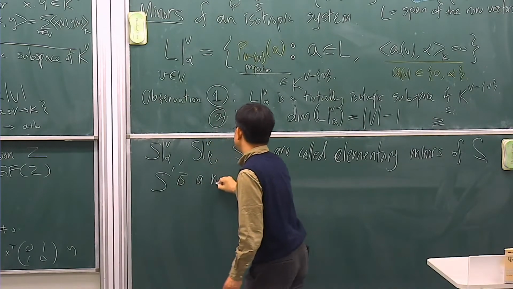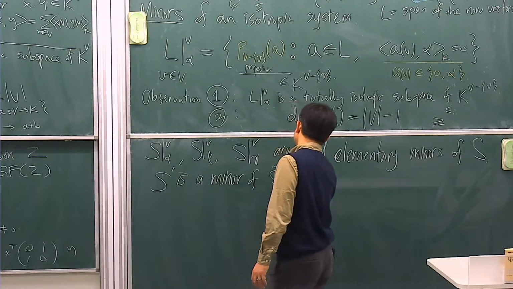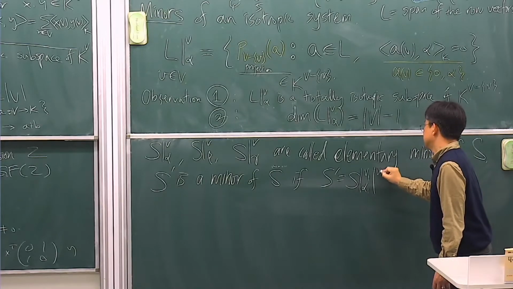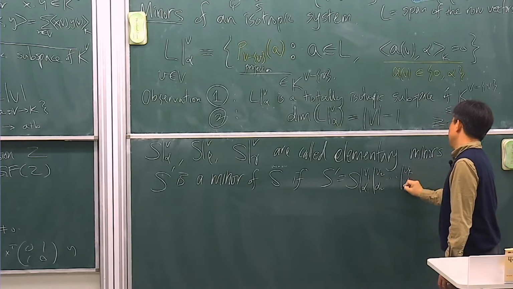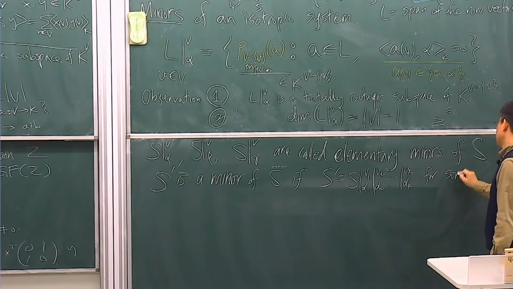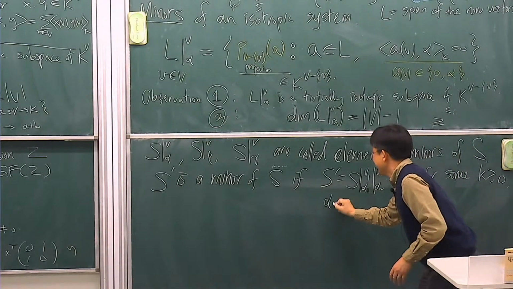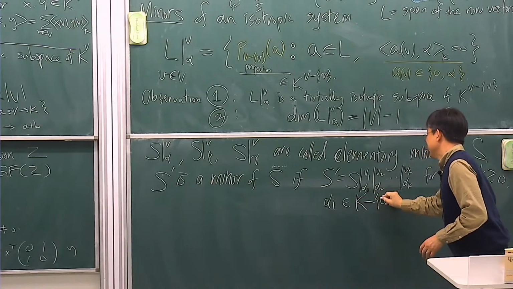S prime is a minor of S if S prime is equal to S V1 alpha 1, V2 alpha 2, up to Vk alpha k for some k. So if you can obtain one from the other by a sequence of elementary minors, then we call it a minor. Oh yeah, the alpha i's are like one of these non-zero values in K.